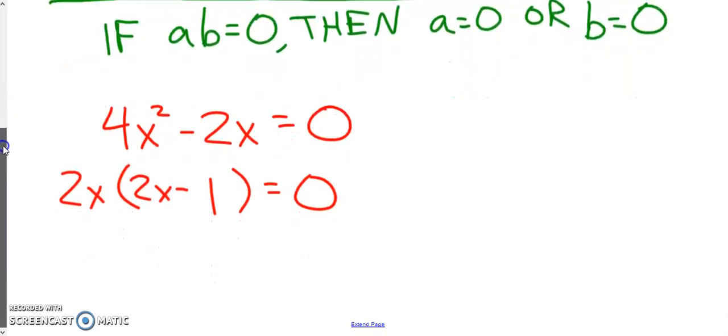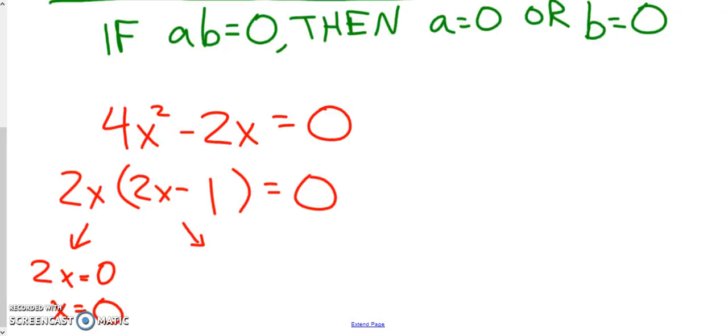So by the zero product principle, that means that either this piece is 0 or that piece is 0. So what I can do is set them equal to 0. So 2x equals 0, which would mean that x would be what? 0. And the shortcut there is if there's ever an x sitting outside by itself like that, you get 0 as its solution.